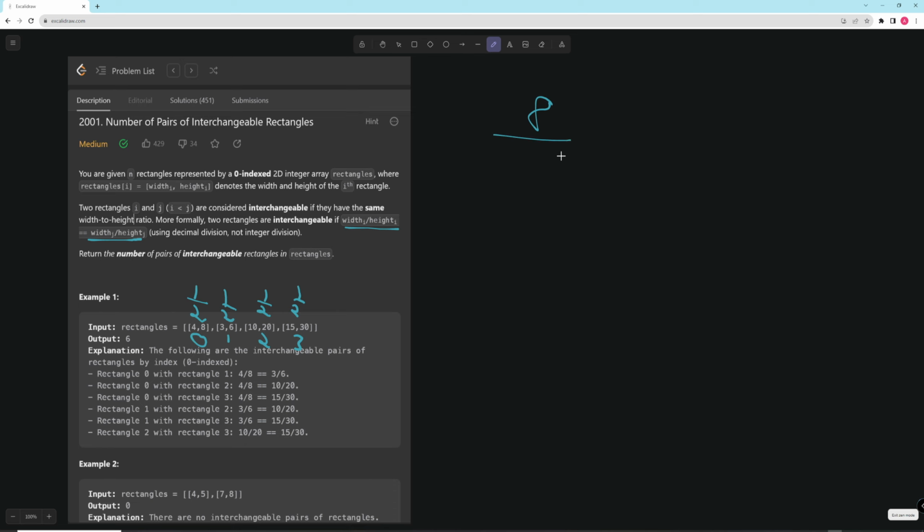For combinations, you're going to want to know this formula, and the one for permutations as well. The formula for the number of combinations from n numbers, where the combination length is k, is n factorial over k factorial times n minus k factorial.